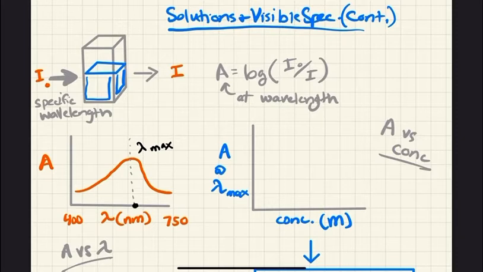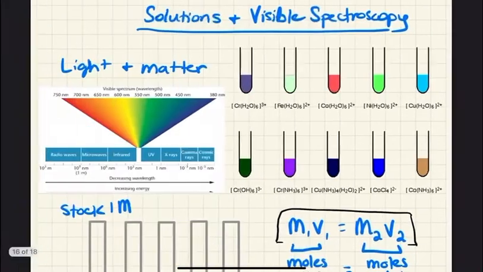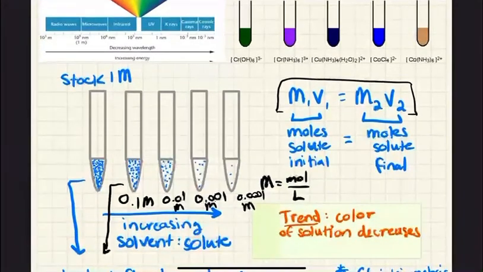Now, every compound or ion that interacts with light will have a different lambda max associated with it. So it's important to actually measure that before we go into trying to look at the relationship with concentration. Okay, so once we've identified our lambda max, now we can look at how absorbance relates to concentration, because we already said before that obviously the solution that is more clear because it's more dilute has less absorbance of light at a specific wavelength, and that's why its color is not as bright.